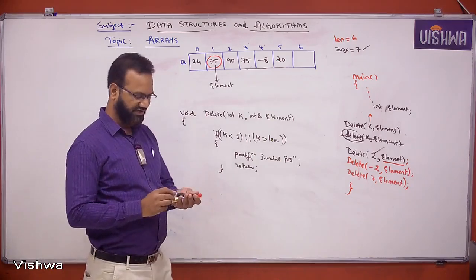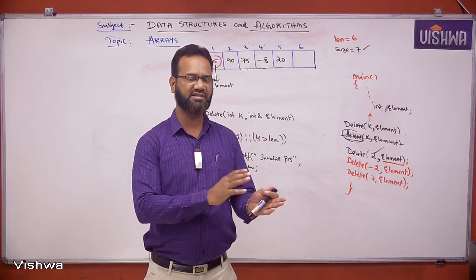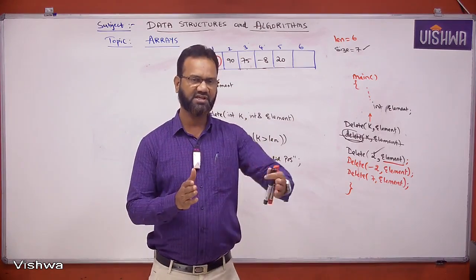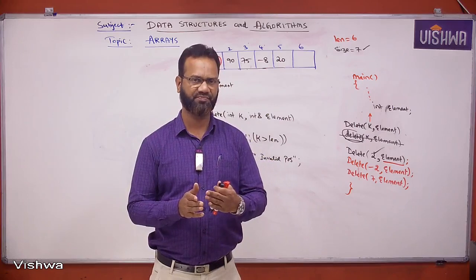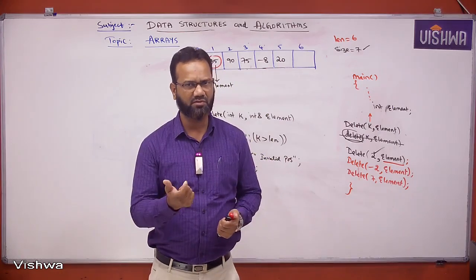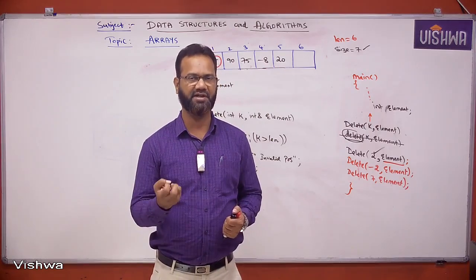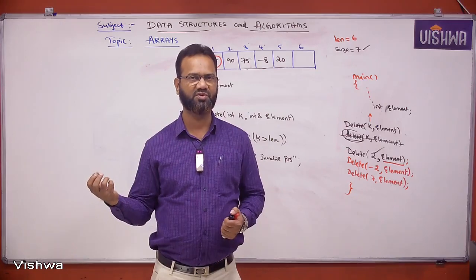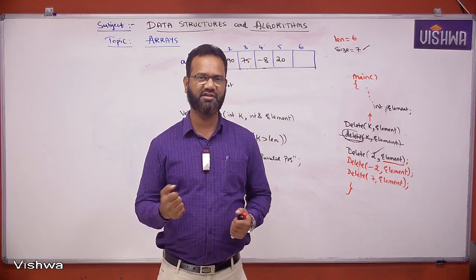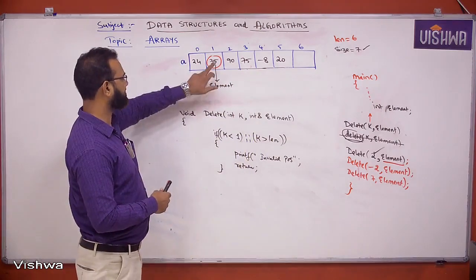Say for example, in a class from one year to another year, some student gets detained. Their names have to be removed from the roll list. That particular number, if I want to delete, then I want to know which roll number got detained or which student got detained. That application wants to know. So whenever I'm calling that function, delete is performing its job. Done, no problem. 35 is deleted.